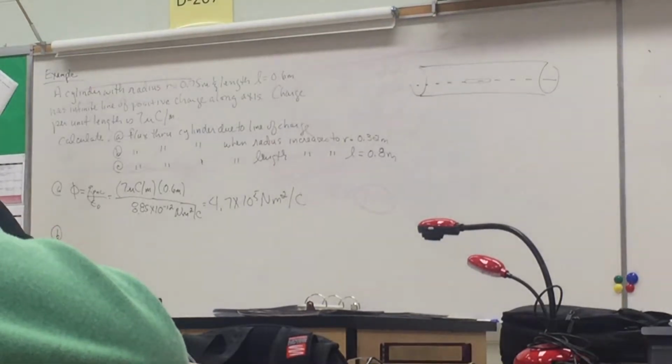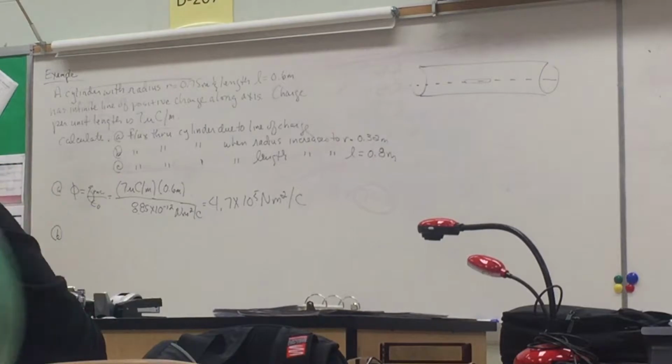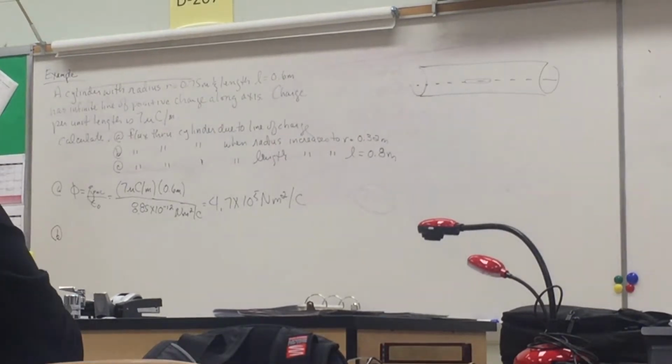The object has a radius. Don't look at it as a cylinder, look at it as a sphere. The radius of the sphere is 0.8, and they're asking for the flux at a radius of 0.32, with the charge located dead center.